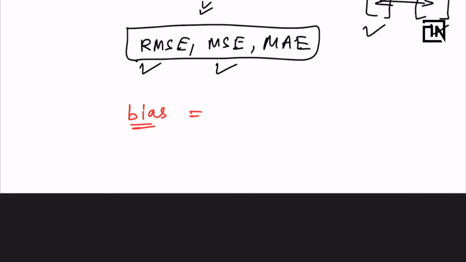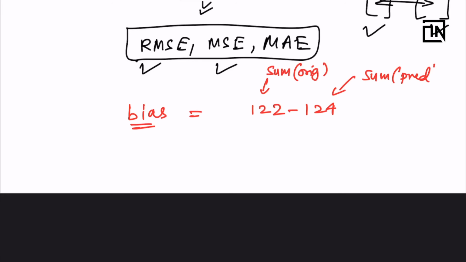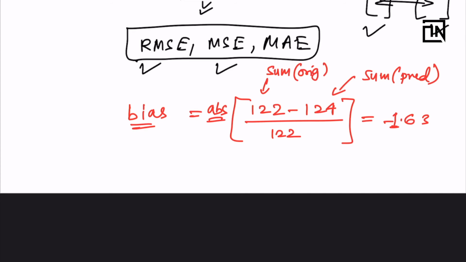Bias will be calculated as 122 minus 124, the sum of original minus the sum of prediction, and then divided by the reference, the sum of original, which is 122. This is going to give me minus 1.63. So this is the difference, and I take the absolute value, so 1.63.